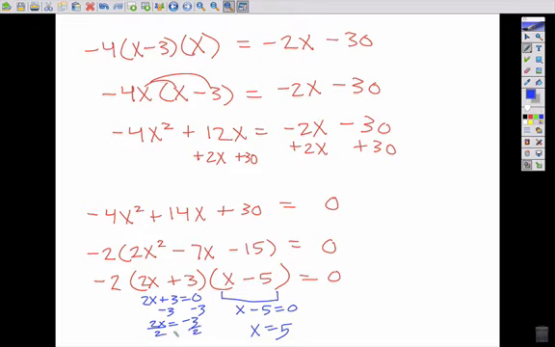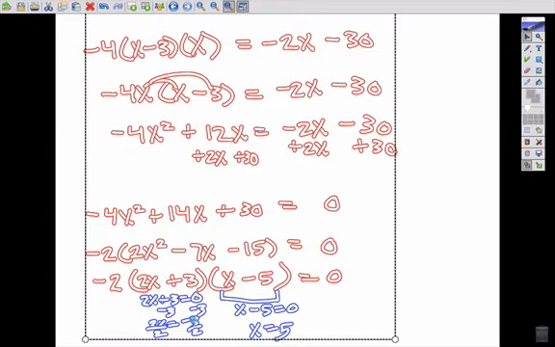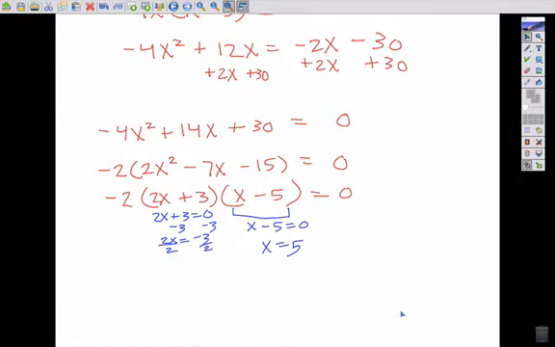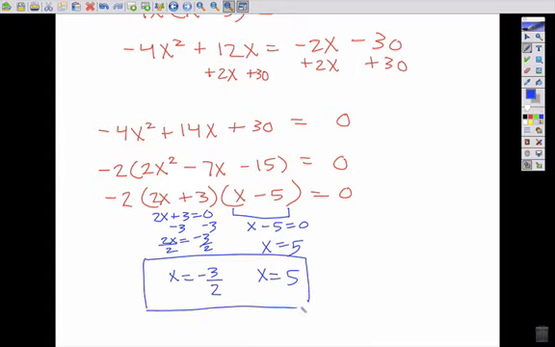And we get x is equal to negative 3 over 2, or negative 1.5. And then for this factor, we said x is equal to 5. So those are our 2 answers for this particular equation.